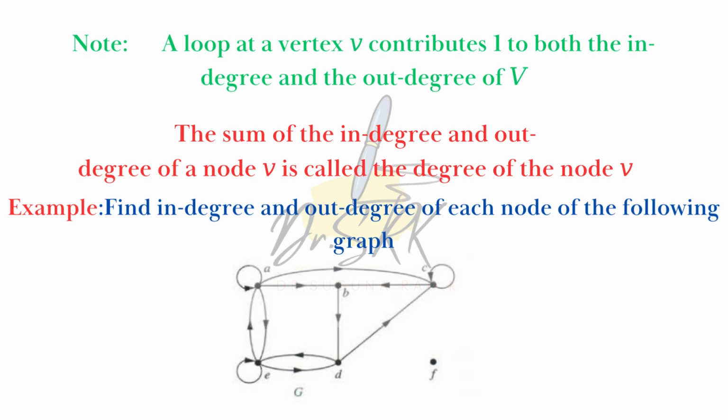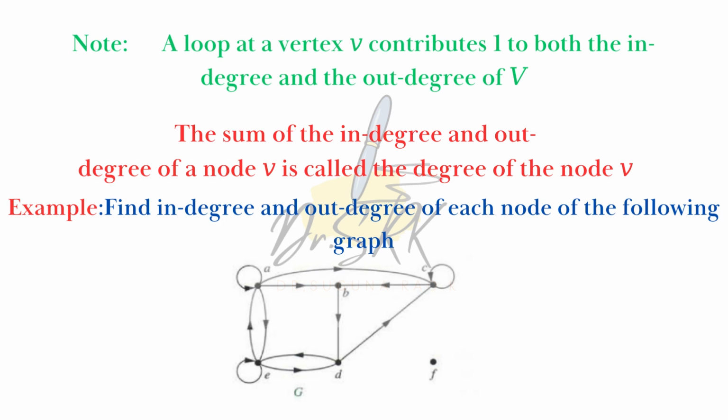At the vertex A, there are two edges which are terminal at the vertex A.